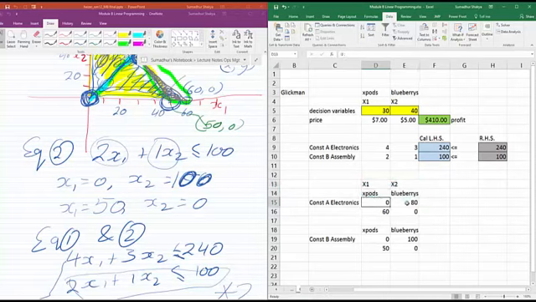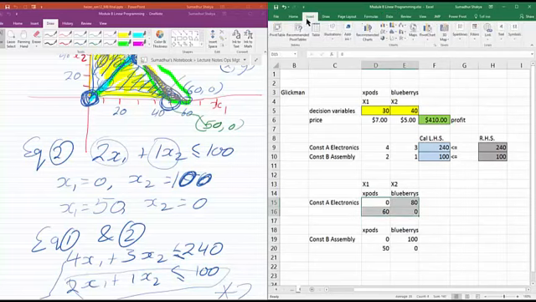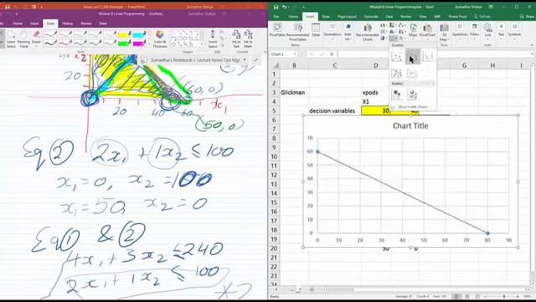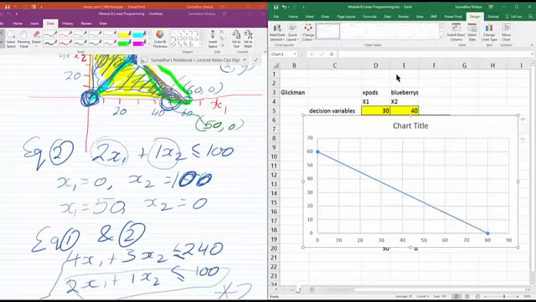So let me select the cells here and insert what we call a scatter plot. Sometimes the spreadsheet will try to be smart, so we'll have to be careful. As of now, I'm going to do anything that it allows me, and later I'll try to fix it. So let me maximize this.